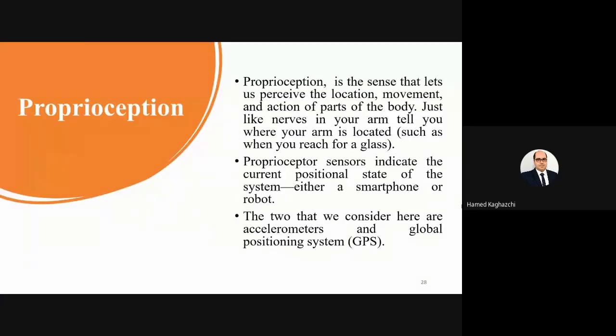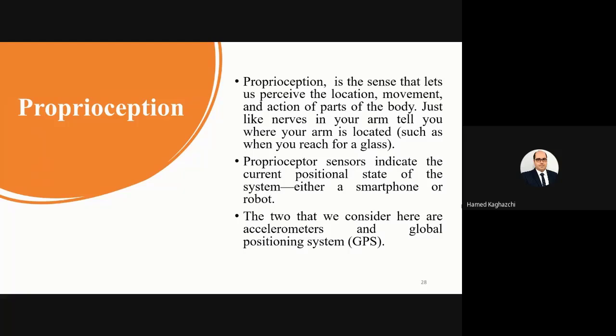Okay, proprioceptor sensors. These sensors indicate the current position of a system like a smartphone or robot. In other words, for determining the location of a system, we use proprioceptor sensors.